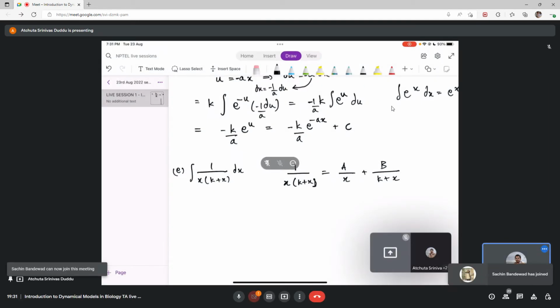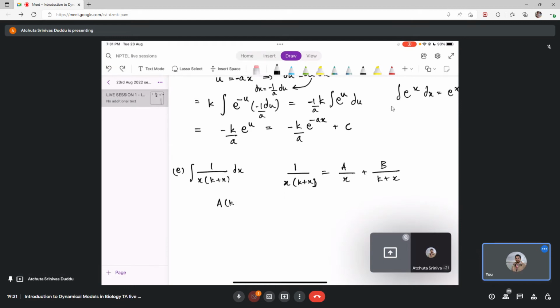So we have a times k plus x plus b times x as the numerator, which is equal to 1. So we have ak as a constant plus x into a plus b equal to 1.